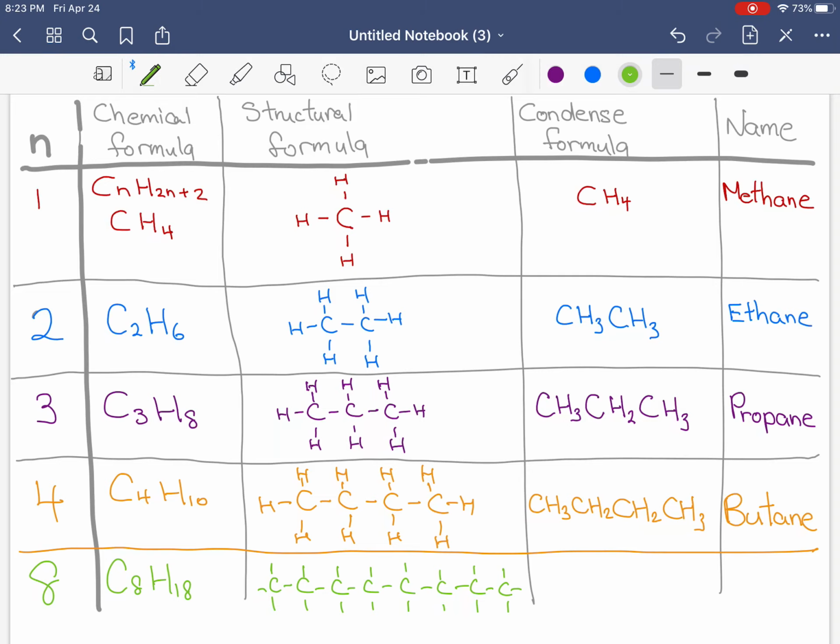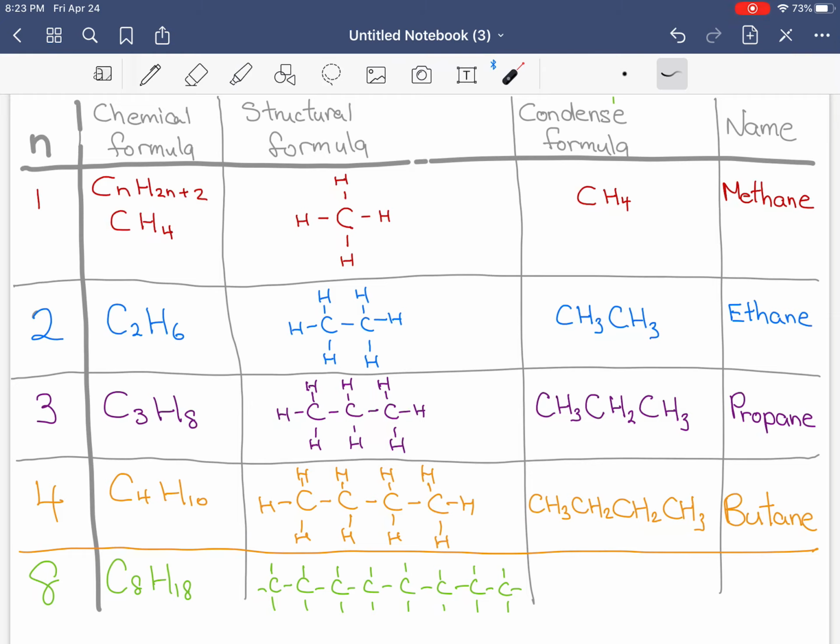It is an assumption, as readers, that these are bonded to H. If there is a case where it is not bonded to H but bonded to something else, they will write that in. So if you see some sort of scientific literature or textbook later on in life, and you see something like this, just count the number of carbons, because what's not being indicated is going to be hydrogen by default, always.